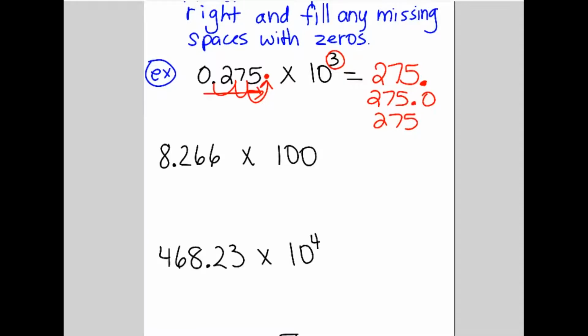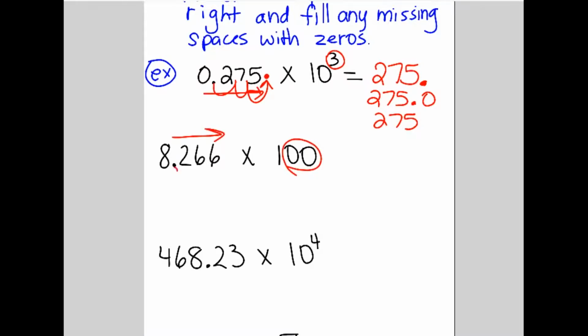Now let's look at this next one. The next one we have 8 and 266 thousandths times 100. Now this one doesn't have an exponent, but it is still a power of 10, because 10 times 10 equals 100. So I just moved this decimal point to the right 2 zeros' worth.